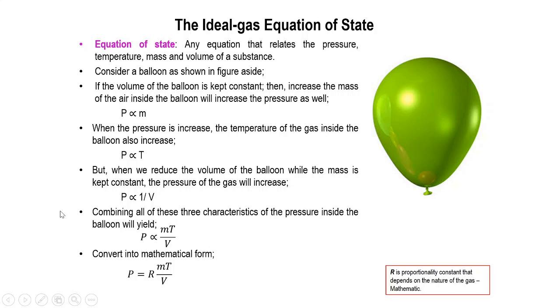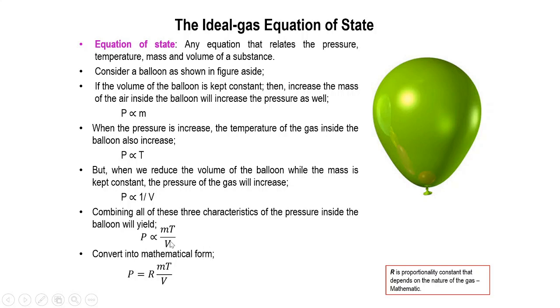But when we reduce the volume of the balloon while keeping the mass constant, the pressure also increases. So we have pressure proportional to 1 over volume. Combining all these characteristics, pressure is mass times temperature divided by volume.